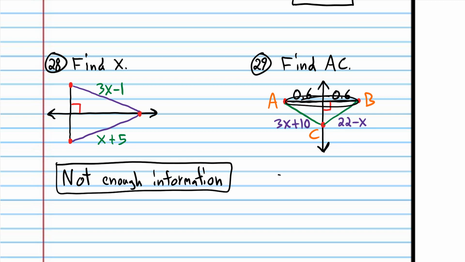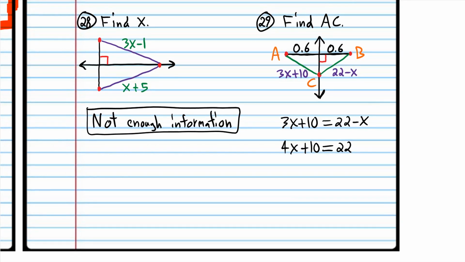So that means that 3x plus 10 must be equal to 22 minus x. We're going to add x to both sides, and we get 4x plus 10 equals 22. And subtract 10 from both sides, and we get 4x is equal to 12. And divide both sides by 4, and we get x is equal to 3.